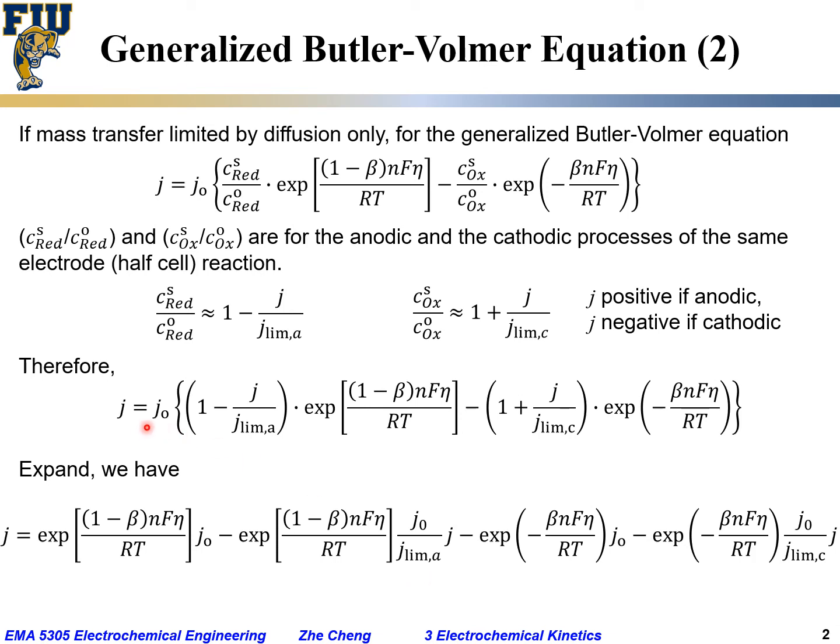So we rearrange J0 over J limit in current for anodic, but times J. Then the third term, J0 times 1 times the exponential term, okay, don't forget the negative sign here. And then the last term, still J0, J, over the limiting current for the cathodic process, times the exponential term, but with a minus sign. So this is what we have.